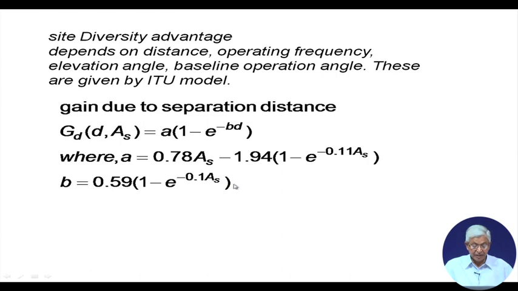So, first we have to calculate A, where AS is already given, then B, and then we calculate the gain due to distance separation, where the D term will come into the picture.